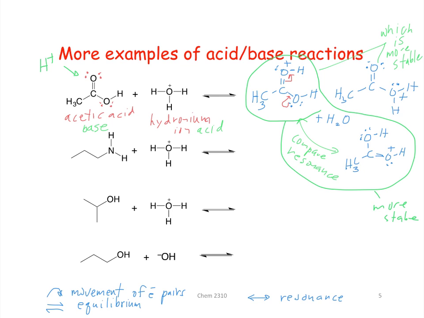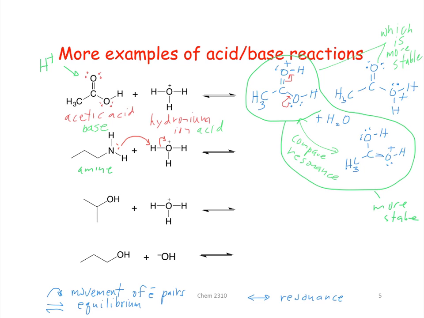So now we have what is called an amine, and it's reacting also with hydronium ion. So nitrogen with 3 bonds has a non-bonding pair of electrons. So these electrons can go like this.